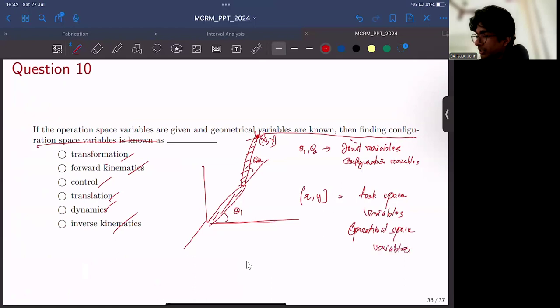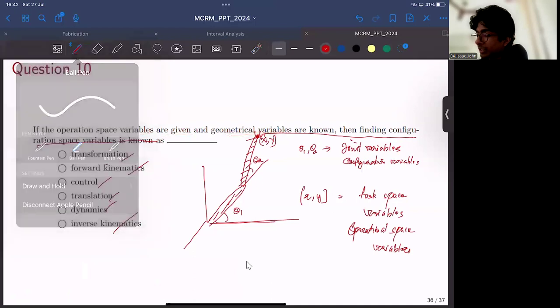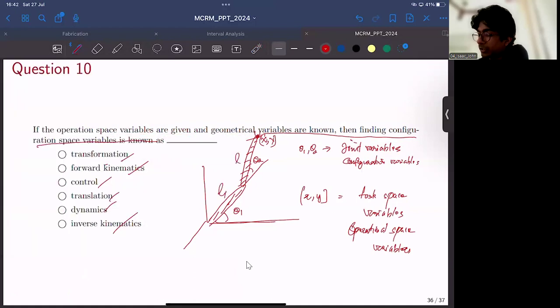The question says the operational space variables are given and the geometrical variables are known. The geometrical parameters are nothing but the length parameters, such as the length of each of these links, their position coordinates, their width, all these things are the geometrical variables.